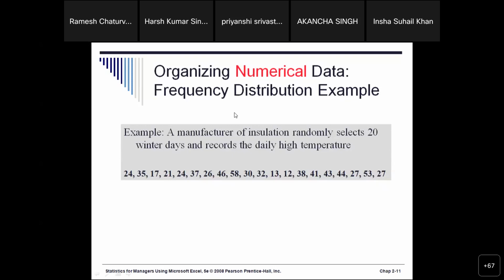So I told you to convert this data set into a frequency distribution. Any one of you able to do it? Anybody?